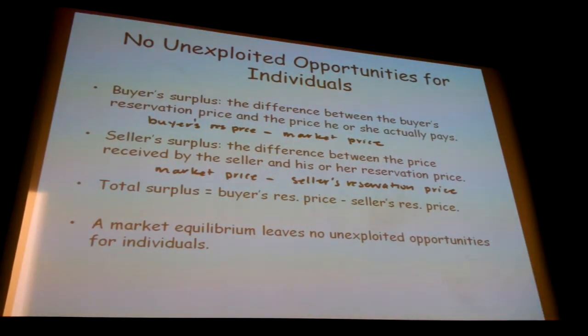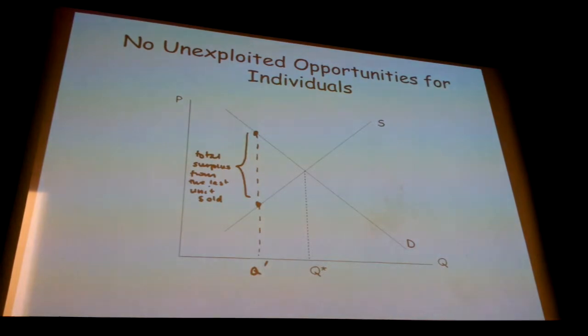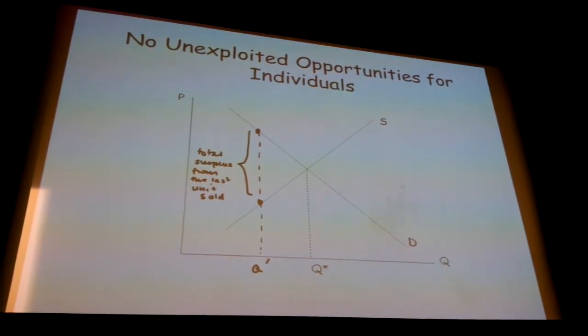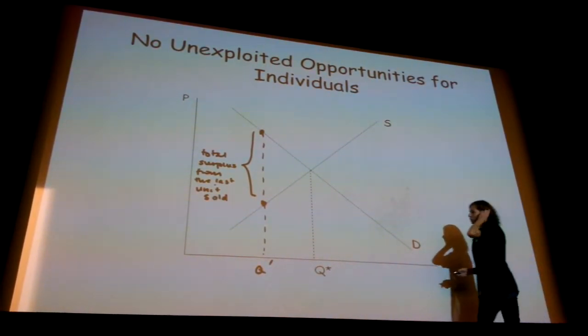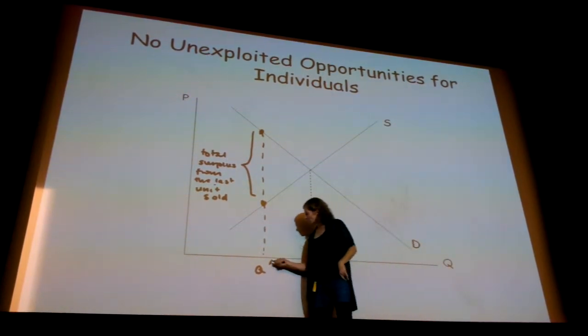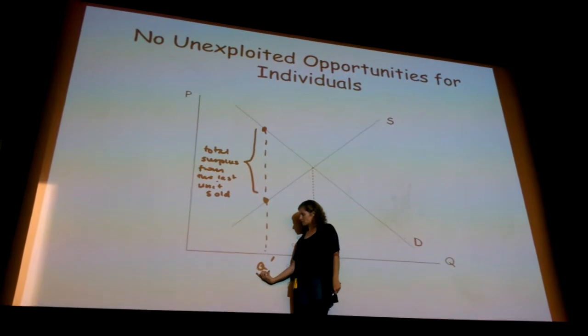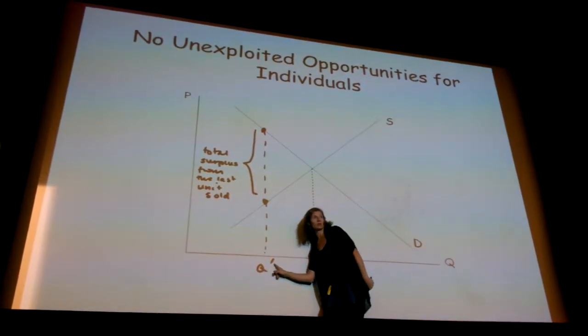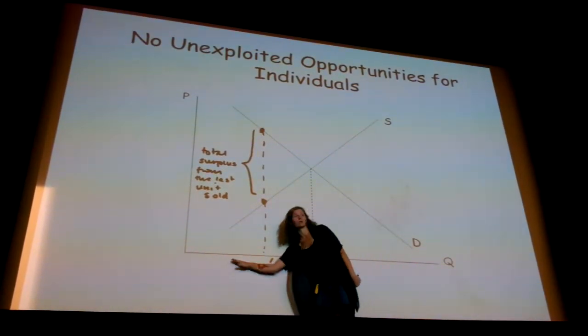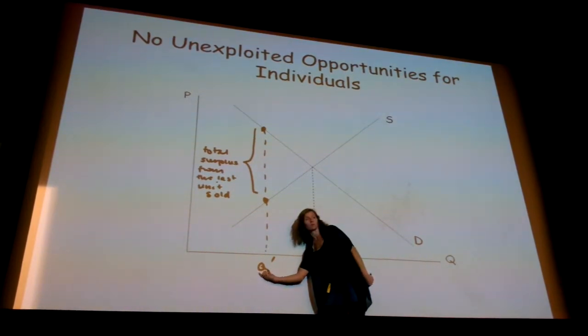Now, how do we see this graphically? Now we're really getting to exactly where we left off in class on Wednesday. Imagine you want to know what's the surplus associated with this one last unit that was produced, that Q prime unit.